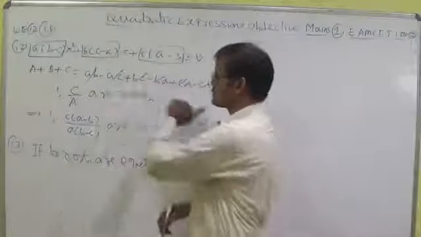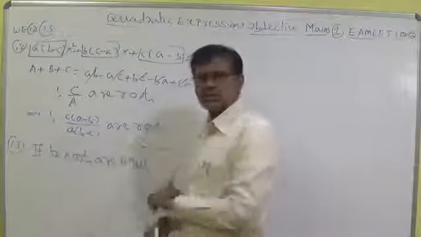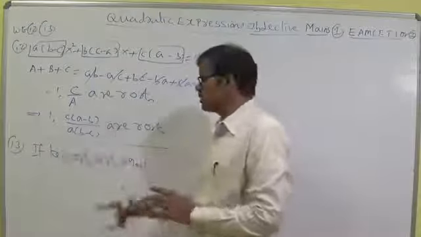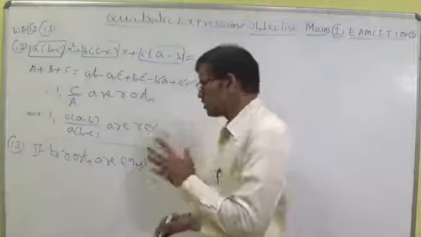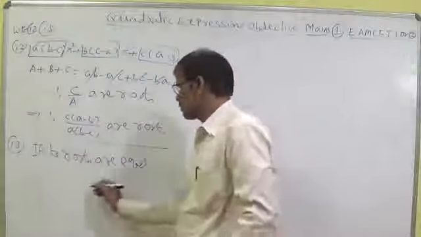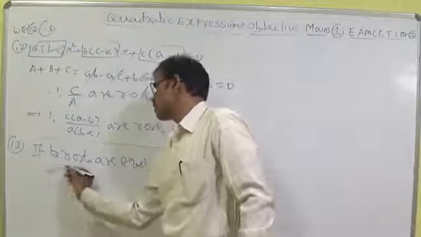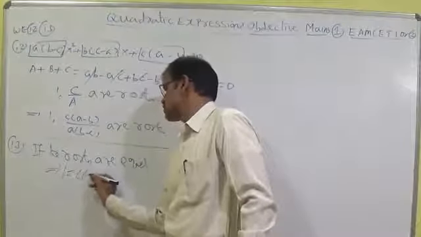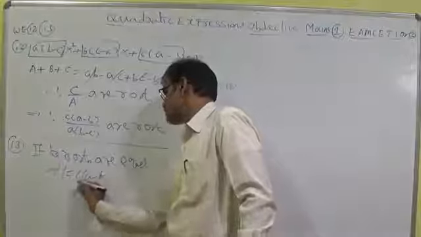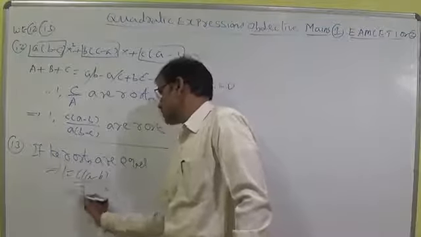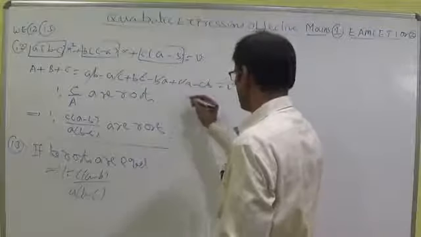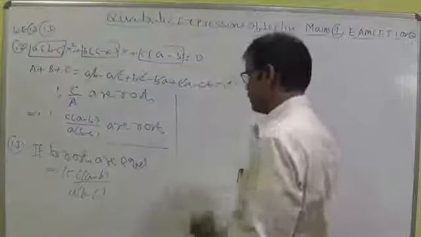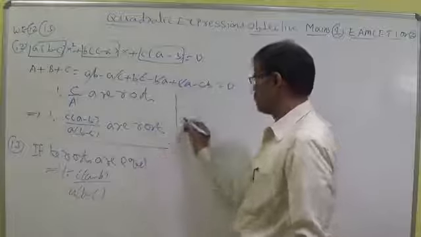But in this case, if we equate the root 1 to this one, it is far better than delta equal to 0. That implies 1 = c(a − b)/a(b − c).